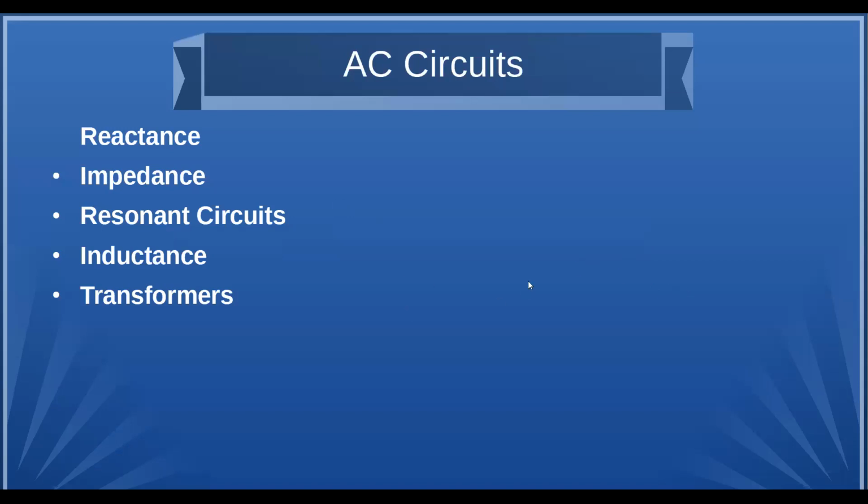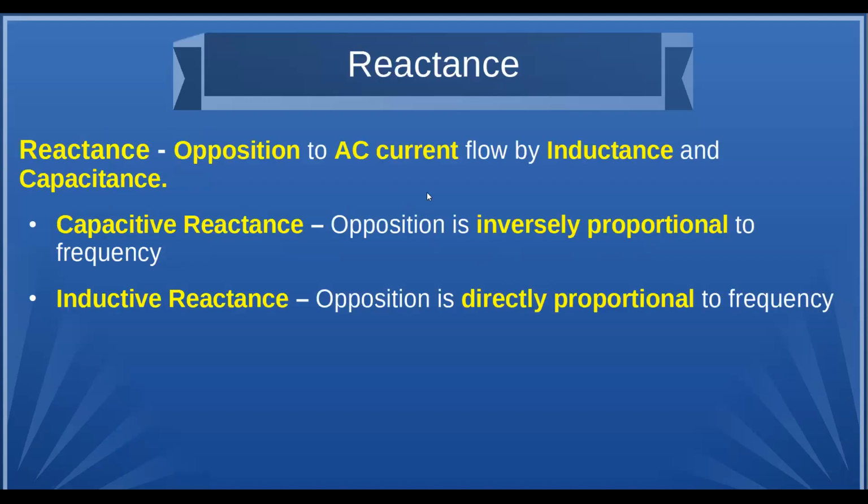So we're going to talk about reactance, impedance, resonant circuits, inductance, and transformers. Reactance is basically the way capacitors and inductors behave with alternating current as opposed to direct current.